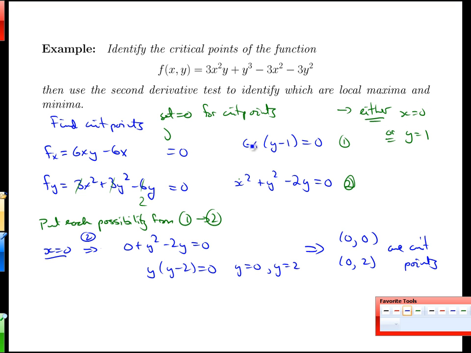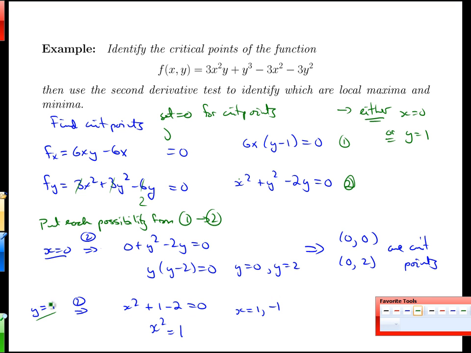So that was one branch. x could equal 0, and then we solve this equation using that. The other possibility was that y equals 1. If we put that into 2, then we would have x squared plus 1 minus 2. That's negative 1, so x squared equals positive 1. And that gives us x equals 1, or could be negative 1 when we take the square roots.